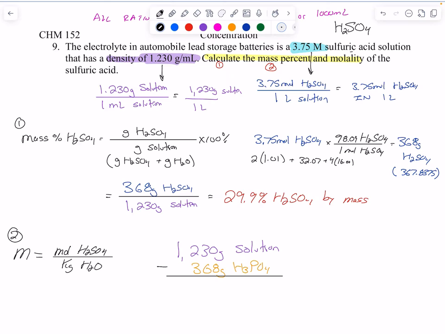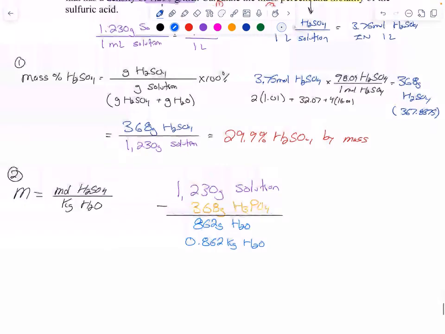There's nothing else in there, perfectly. So 1230 minus 368, I get 862 grams of water, which happens to be 0.862 kilograms of water.